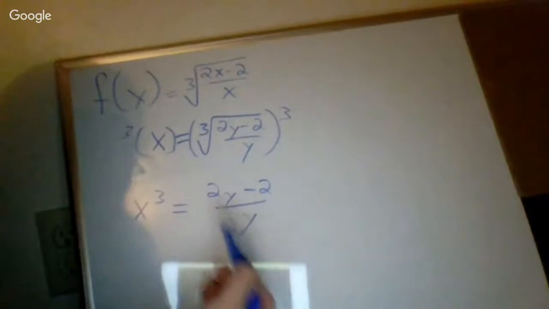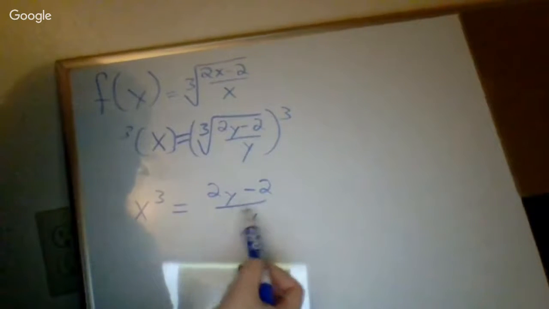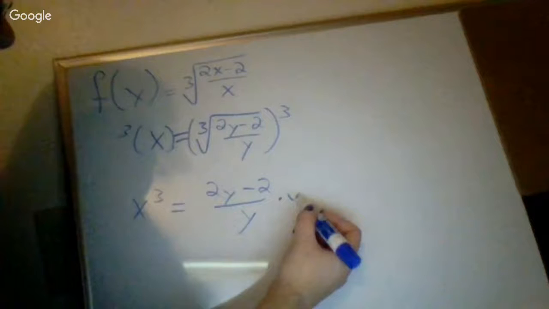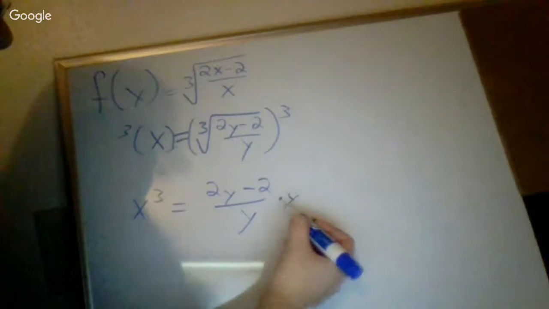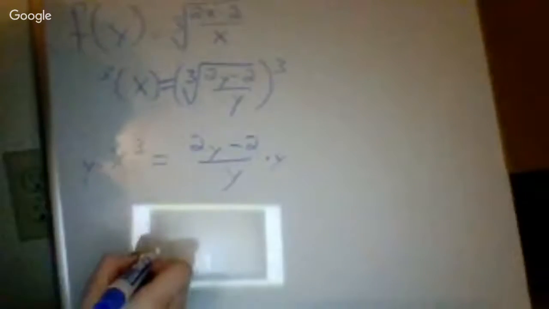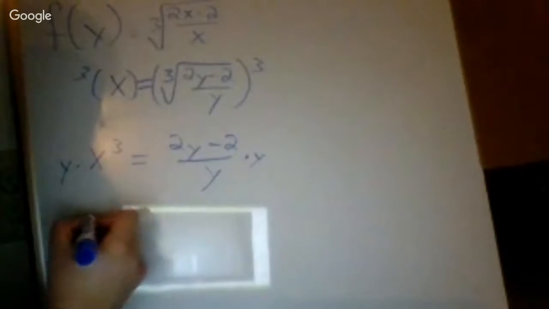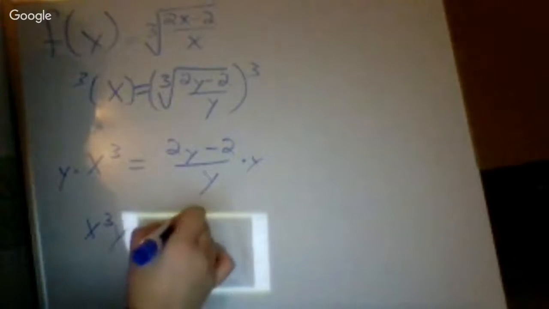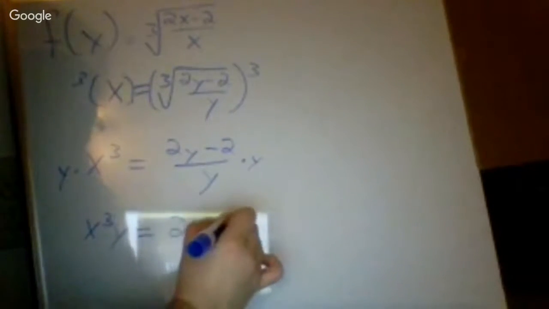And then we want to get our y out of the denominator right here. So the easiest way to do that is to multiply both sides by y. So then that's going to give us x cubed times y equals 2y minus 2. So we don't have fractions here.